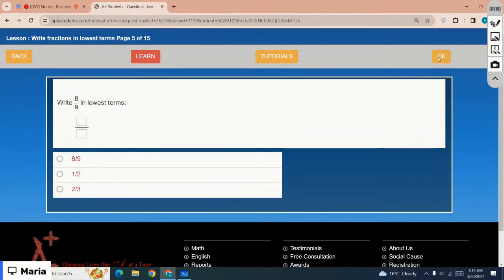The greatest number that can divide both numerator and denominator is 1, so the correct option is 8 over 9, right?